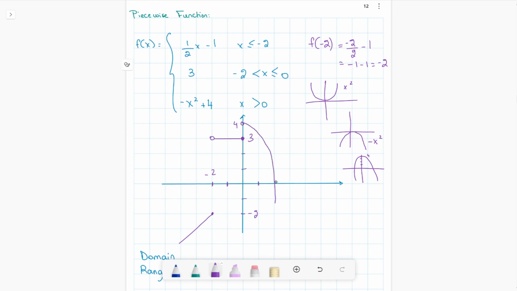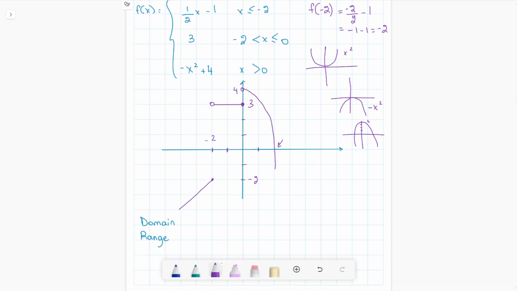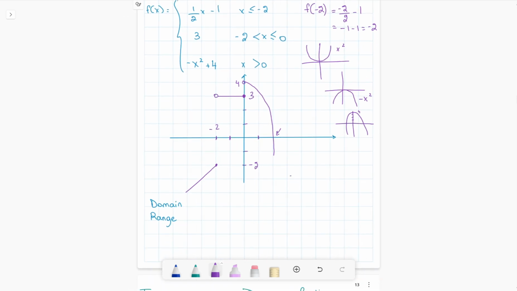And if I'm interested in finding this point here to make the graph more accurate, I can solve negative x squared plus 4 equals 0. We can write this as 4 minus x squared equals 0 if it makes our lives easier.